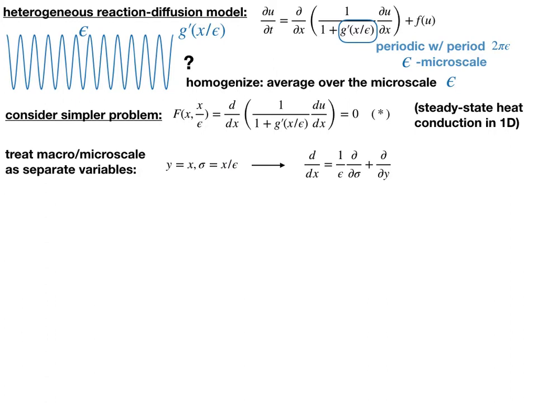So our approach to start with is to separate what's called the macro scale, which would be things on the order of x, and the micro scale, which would be things that vary on the order of sigma here, x over epsilon. So any small changes in x are going to have big changes in sigma.